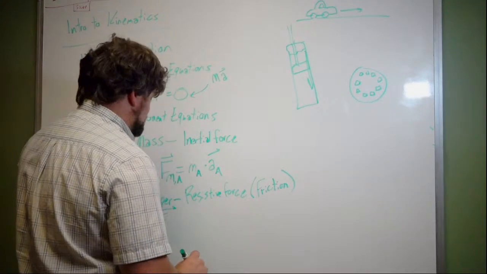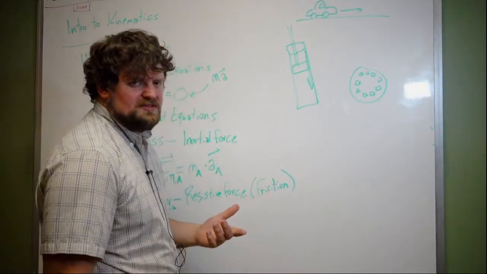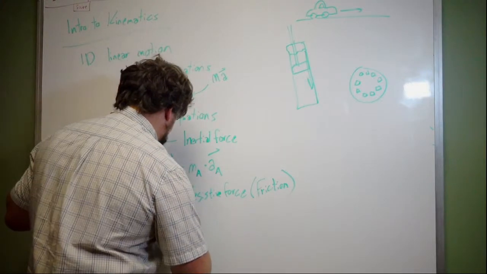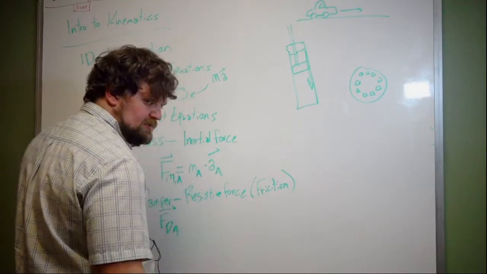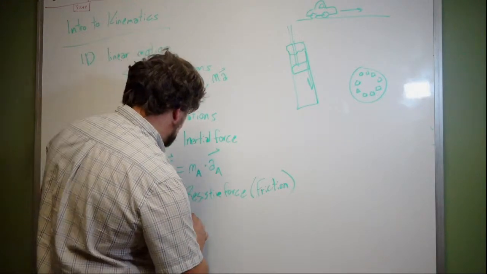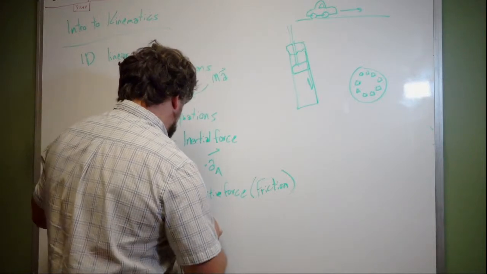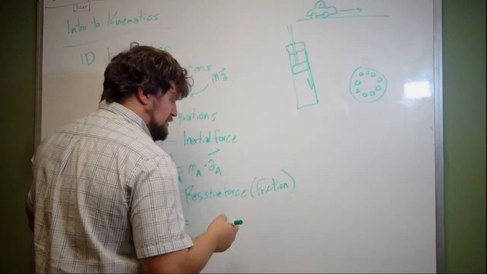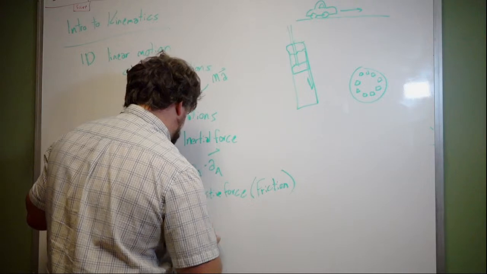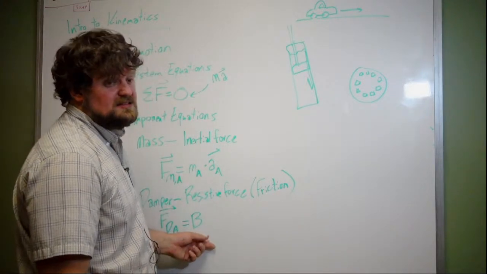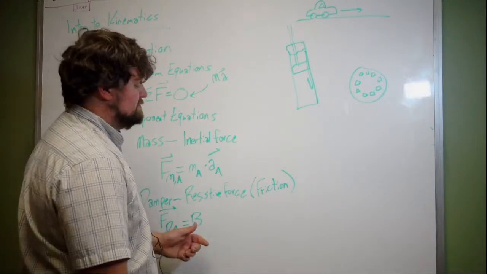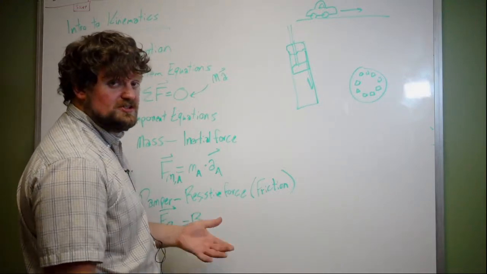For the damper, there are a lot of different subscripts you can use, but I typically like using FD. F_DA, because it's on component A, is equal to a damping coefficient, which is often represented as B, multiplied by the velocity of component A. Most of the time in this class, B is going to be a constant value to make things easier for you. If that changes, I'll let you know.